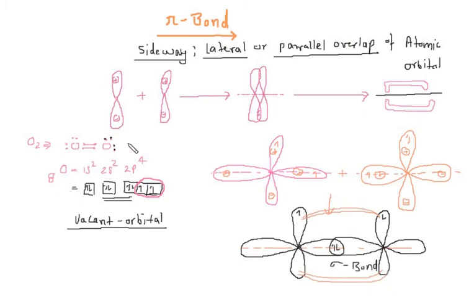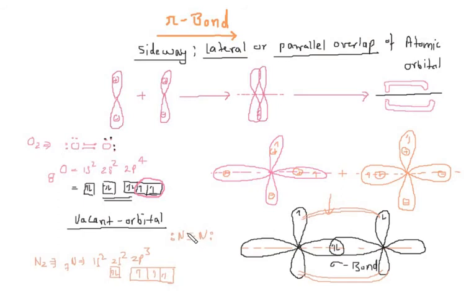Another example, you can also have nitrogen. Just try nitrogen on your own. The electronic configuration of nitrogen is 1s2, 2s2, 2p3. So in nitrogen there are already 3 unpaired electrons. So this is 1, 2 and 3, and the s is having a paired electron. If you want, you can just draw the Lewis dot structure. It is N triple bond N and a lone pair.